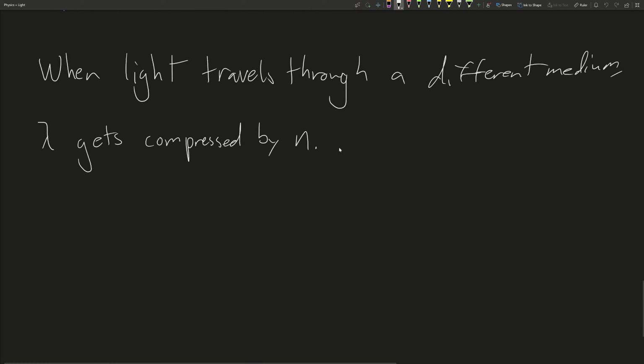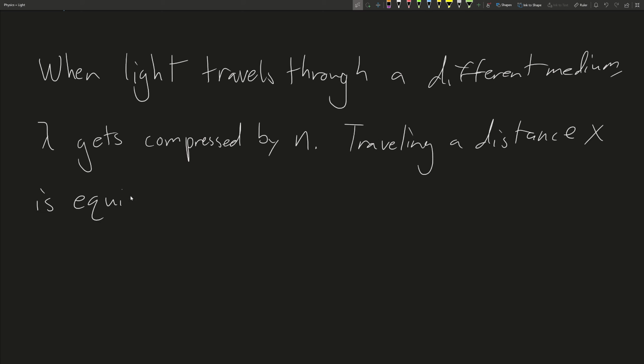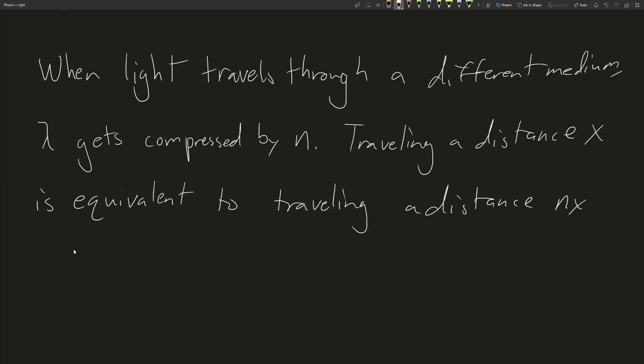Since the wavelength gets compressed by n, traveling a distance x in this medium is equivalent to traveling a distance nx in a vacuum.